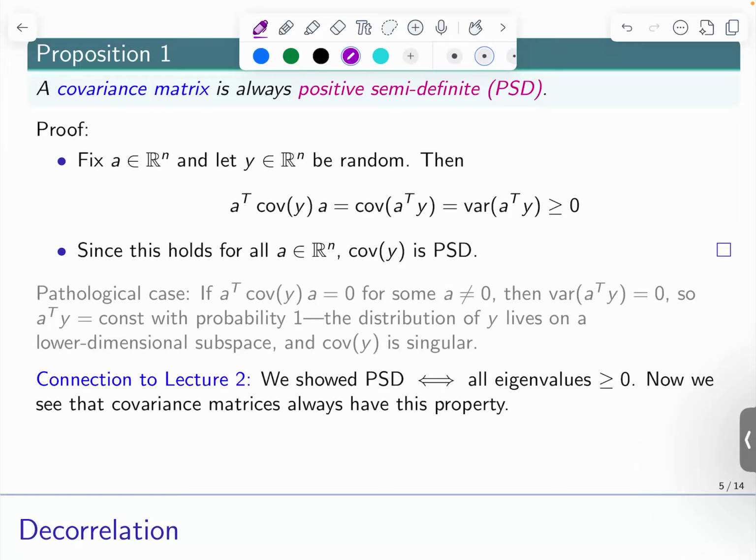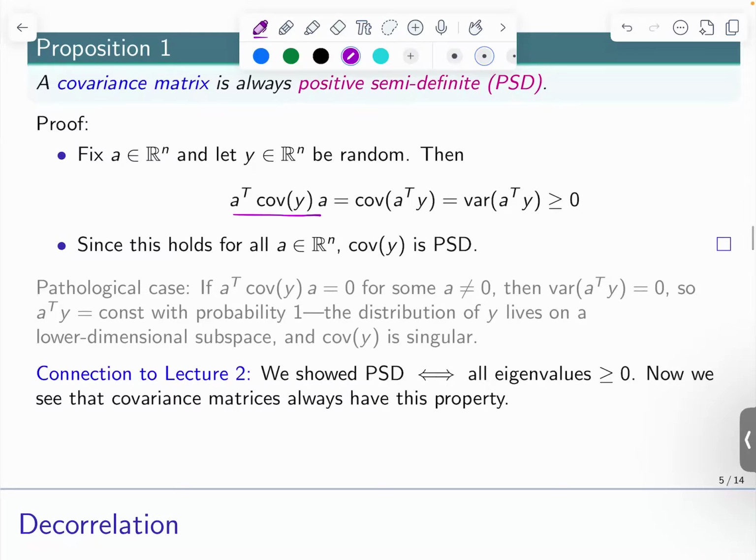Just remember that it's not element-wise non-negative. It doesn't say that the elements are all non-negative. It's something more interesting. Elements can be negative, but these forms that you construct are going to be non-negative. They're not linear actually, they're quadratic functions.